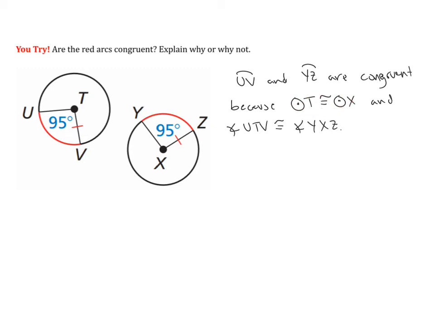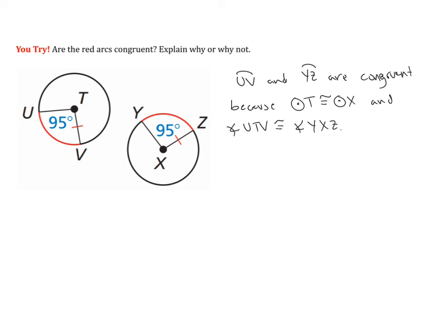The second thing to check, if I did have congruent circles, was to make sure that I had the same angle measures. Because here's the thing, if the angle measures are different, then the arcs are not congruent. But because both angles here measure 95 degrees, my two red arcs are in fact congruent.